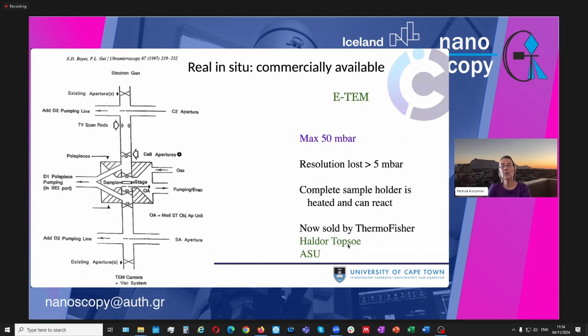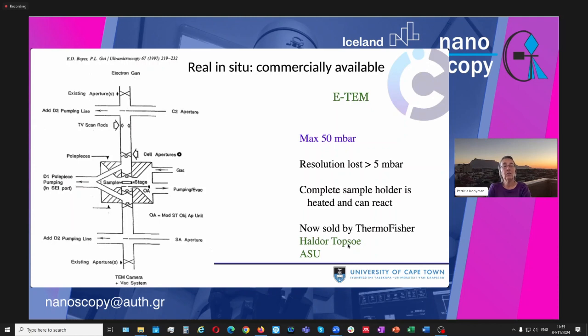But with most gases, you lose your resolution already at 2 or 3 millibars. So you can study samples while they are reacting with gases, but you're limited to very low pressures. But this was a very important first step, and lots of interesting results have been and are still being obtained using these kinds of microscopes.